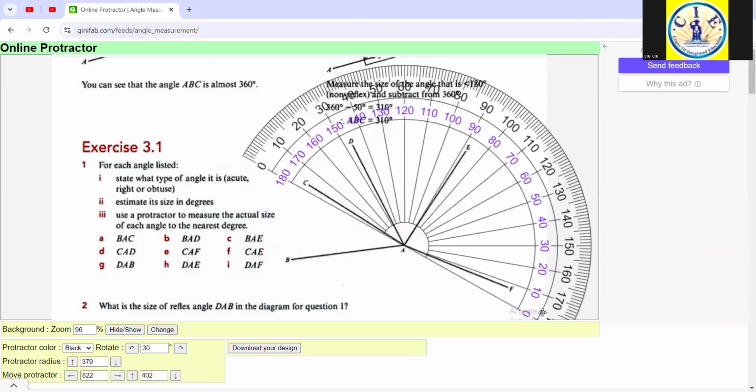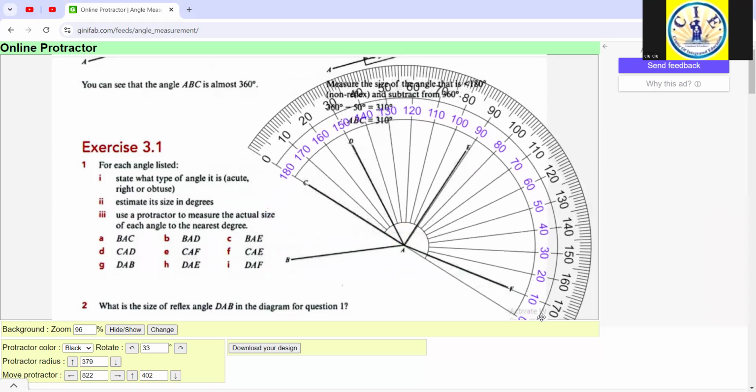Starting with C, like this, and going till F, we observe that this is starting from here, going there.